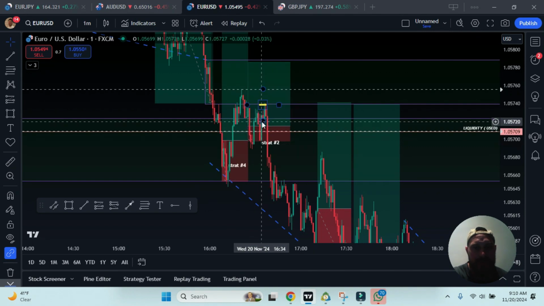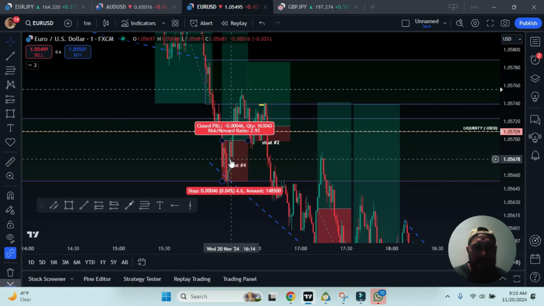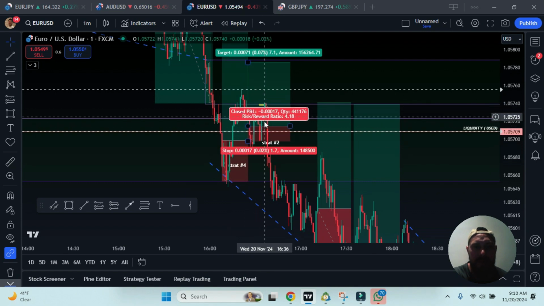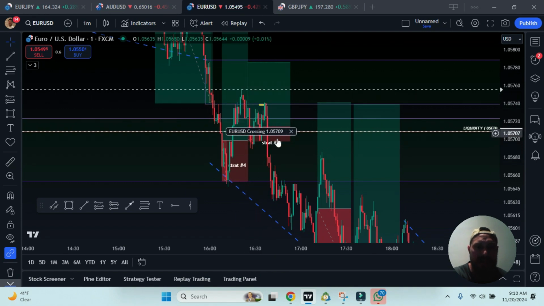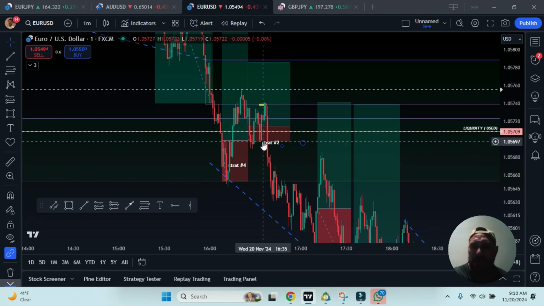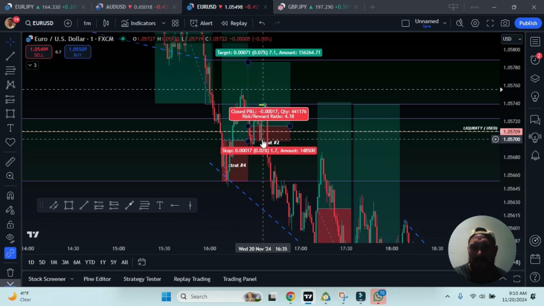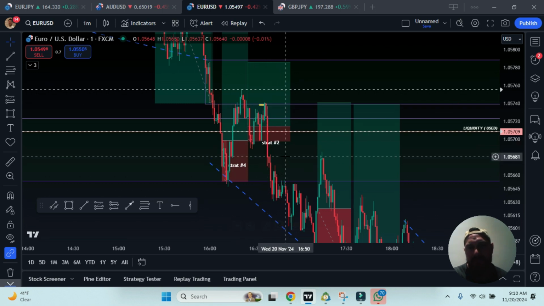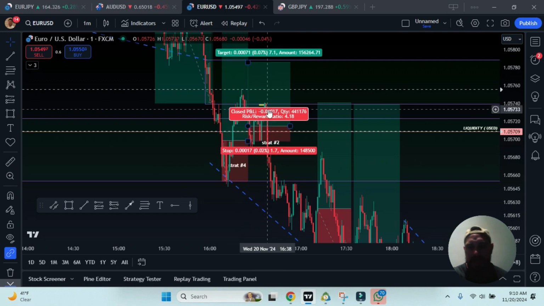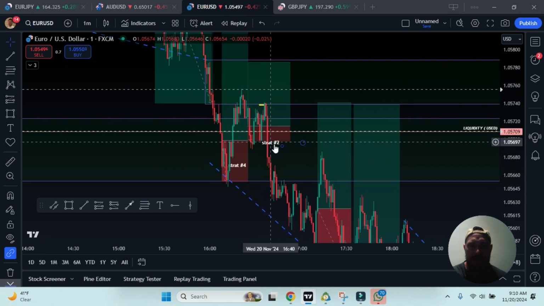And on this bar up, I bought again, and I moved all my stops up here. As this pushed up and made its second attempt, I moved all my stops to under 1.057, so right here, and I got stopped out. So for this, it was like break even-ish, and then this one was a loss.